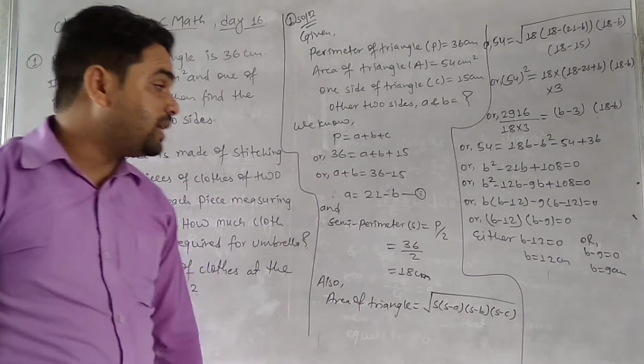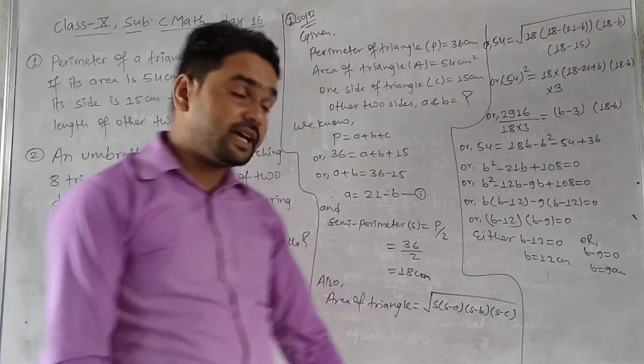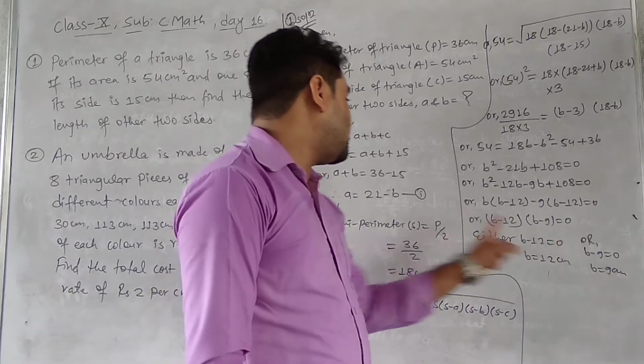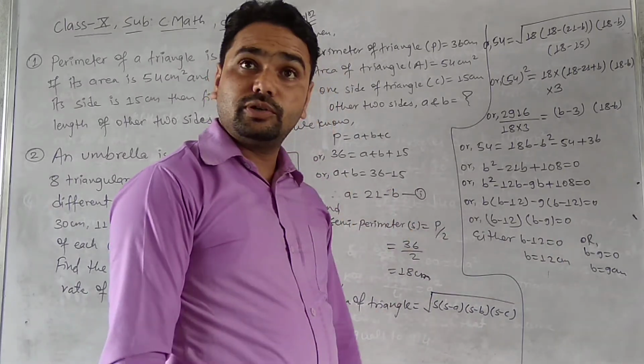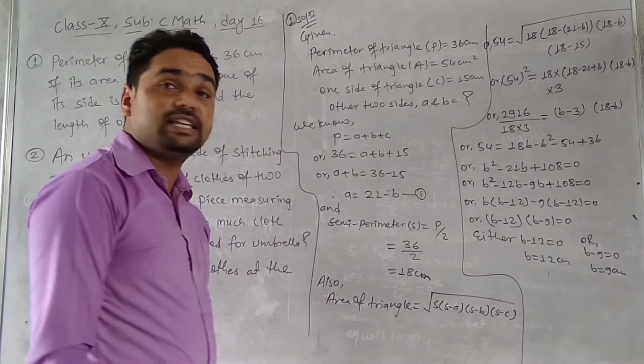That is what? We get the two values of b. Yes, and by putting this value we can find a also. No? That means a and b we can easily find.